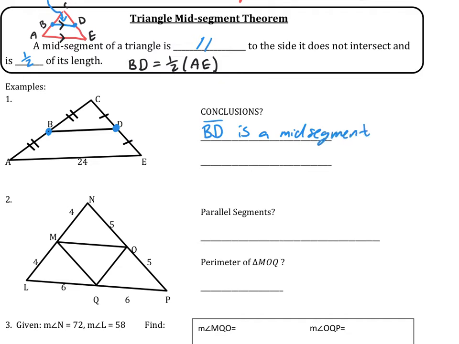That's the first thing we know. Then we also know that BD, or DB, is parallel to AE. We can even mark that on there. And I can find the length of BD because it should be half of the side of the triangle that it is parallel to. So BD should be 12.